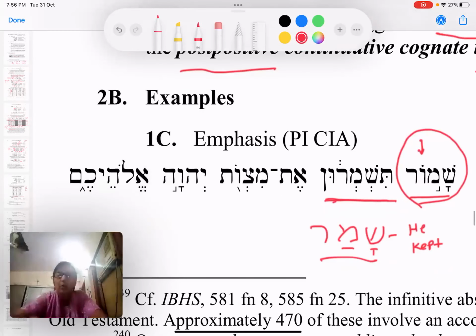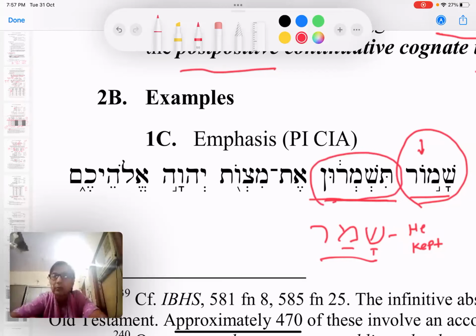Okay, you're getting it? And the meaning: now you know that Shamar means he kept. Shamor tishmerun means surely keep. Shamor gives the emphasis and force; it strengthens the finite verb.